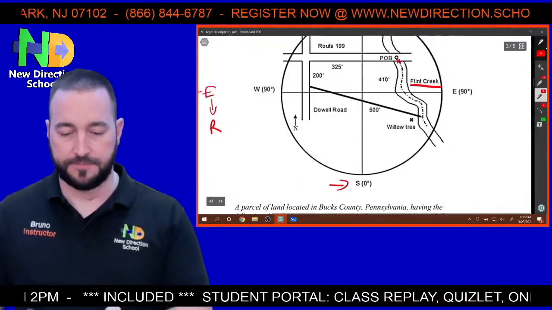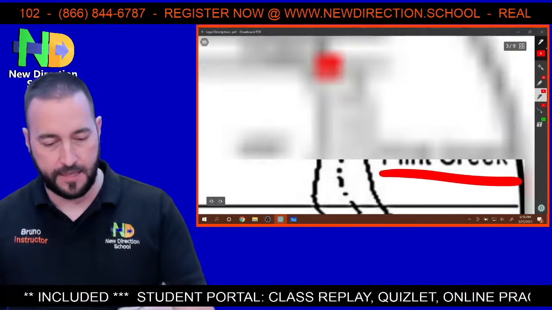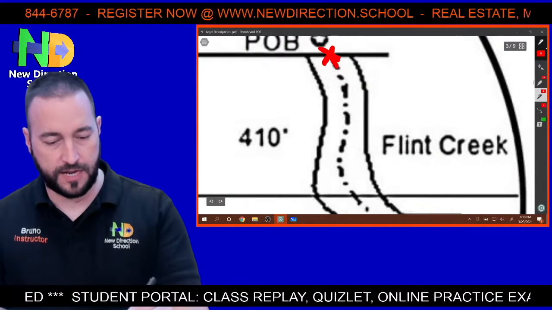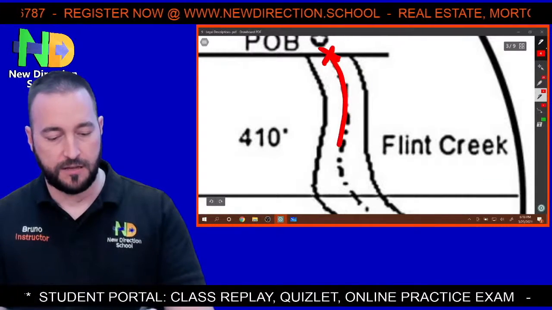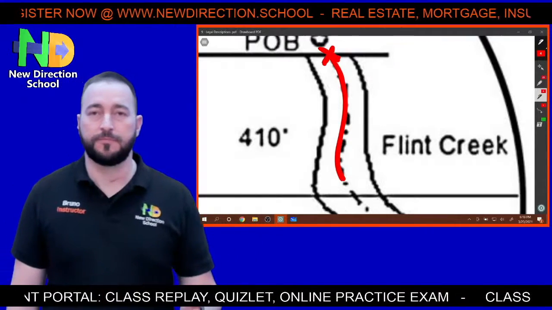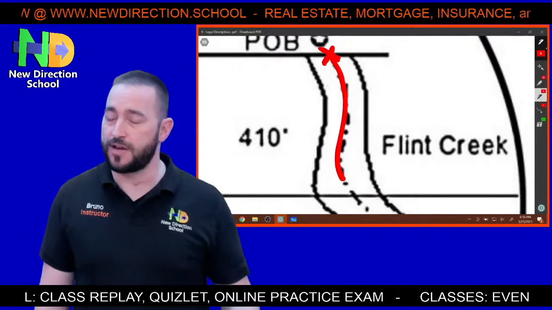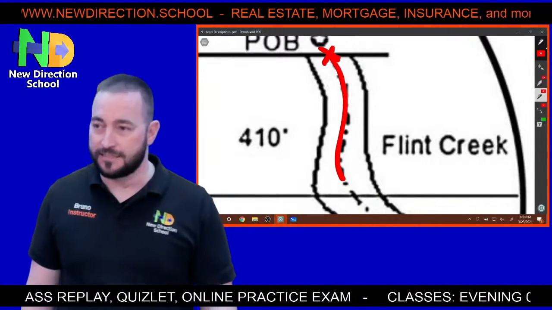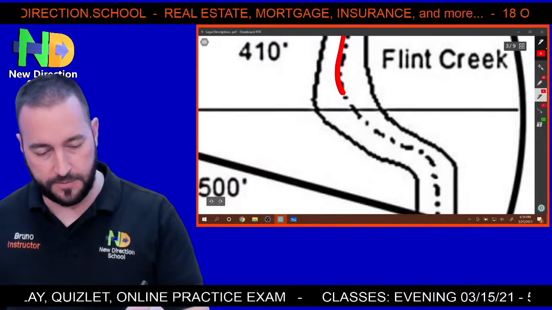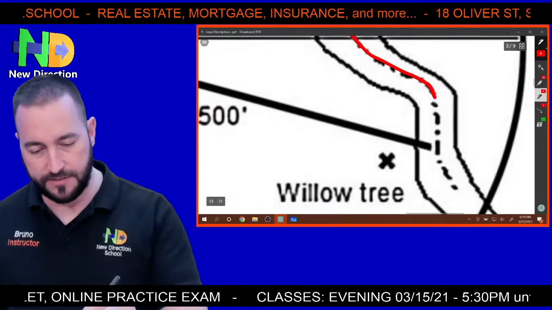Let's figure this out. So if we were in the survey, we would start right here, and we would go southeasterly. Why is it southeasterly and not south? Because it's not a straight line. In fact, it keeps on going to the right, east. Great. So we keep on going until we reach a point that we find.